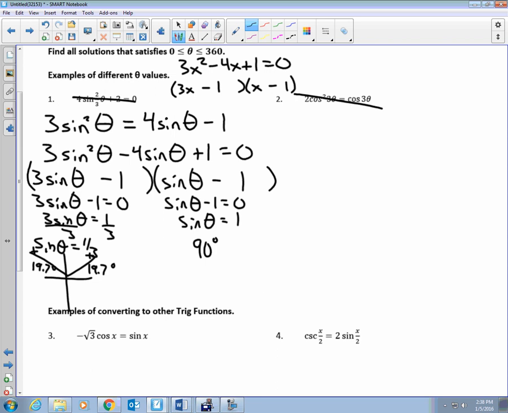So I know 90 is one of my solutions. What's the other one? 19.7. And how do I come up with the last one? Subtract from 180, I get 160.3. So it turns out that this one had 3 solutions.